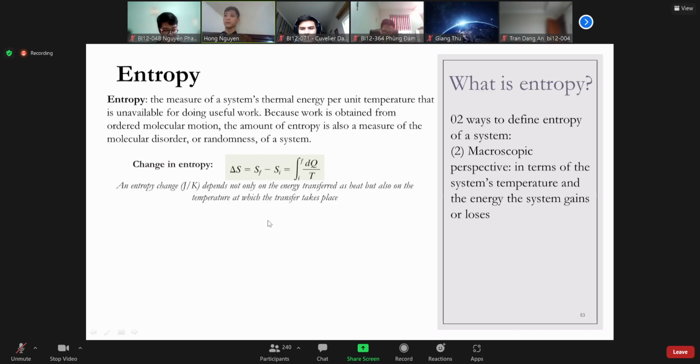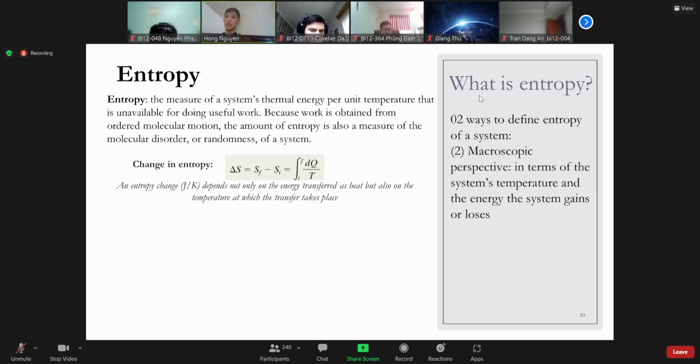We continue. So what we see here is that the entropy change will depend on two things: on the heat of the system and also on the temperature at which the transfer of heat takes place.